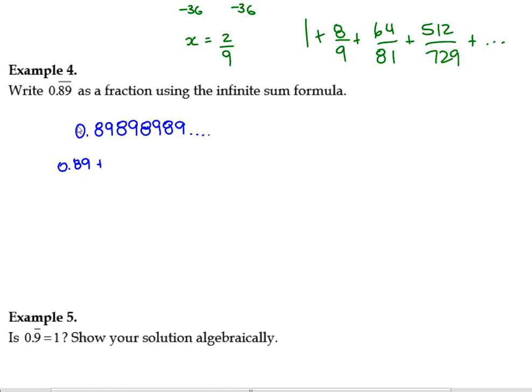We're going to separate each of the repeats, so there's the first two decimal places. Plus, now if I want the next 89, that's the third and fourth decimal place. We already represented the 89 originally, and so this next one would be 0.0089 for those two.